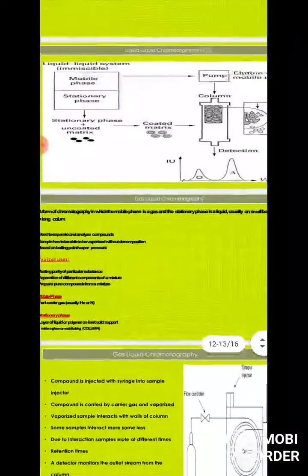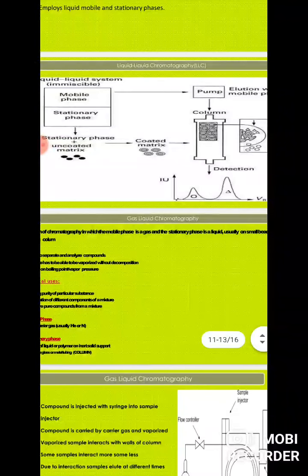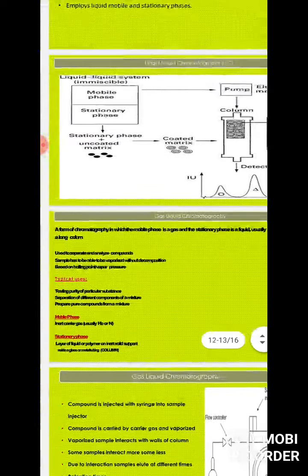So this is a diagram of liquid chromatography where the mobile and stationary phase are present. The stationary phase, an uncoated matrix, is coated with some type of solvent, and the stationary phase acts as a liquid stationary phase and is used for liquid column chromatography separation.